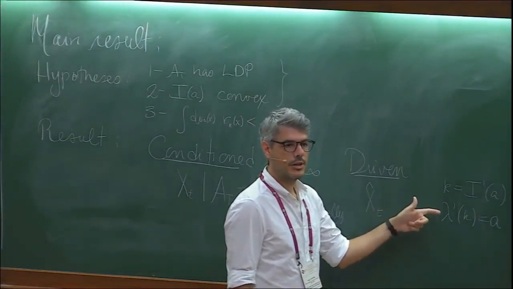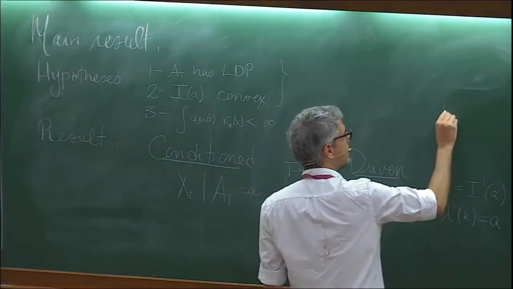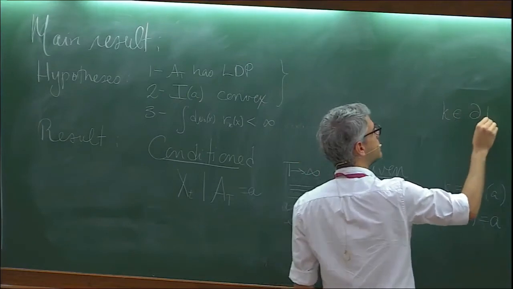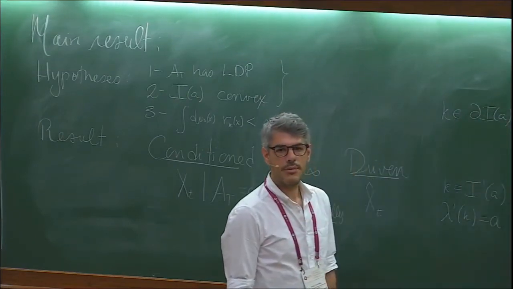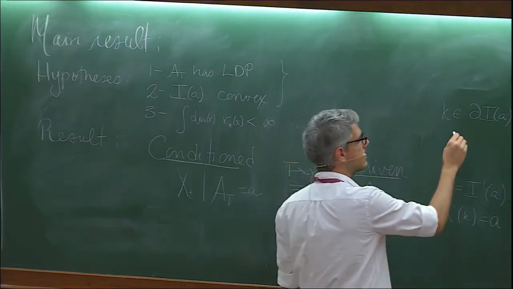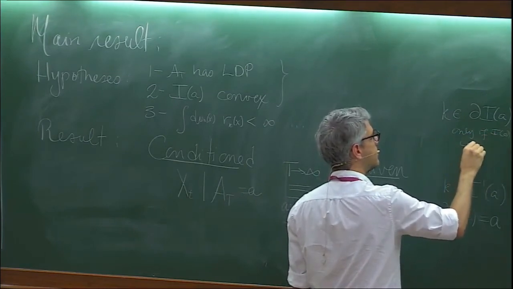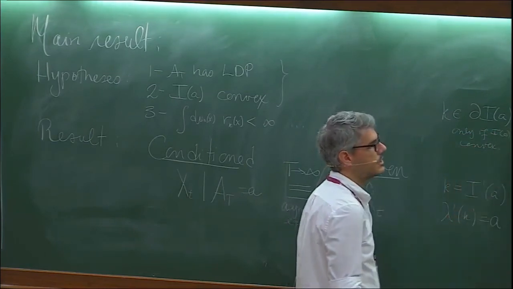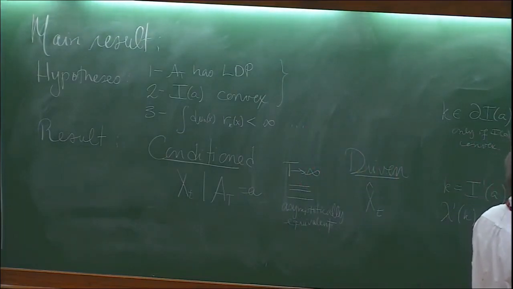If you have a non-convex rate function, you cannot do this. In fact, the general result is that K has to be part of the subdifferential of I of A at the point A. If I of A is not convex, it has no subdifferential. Okay, so this is only if I of A is convex. So this is where you need the convexity property. So you have equivalence only at points A where you have local convexity.